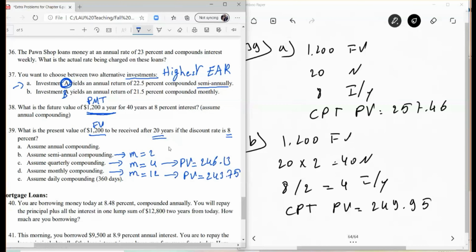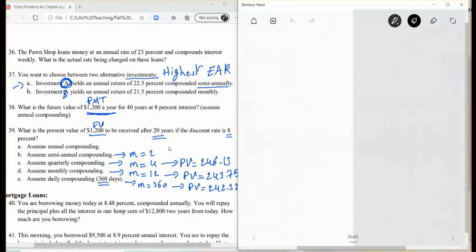And finally, with daily compounding, assuming 360 days per year, so M is 360. PV in this case with daily compounding is 242.32. So as we saw, when the frequency M increases, PV will decrease. However, when M increases, the future value FV will increase.